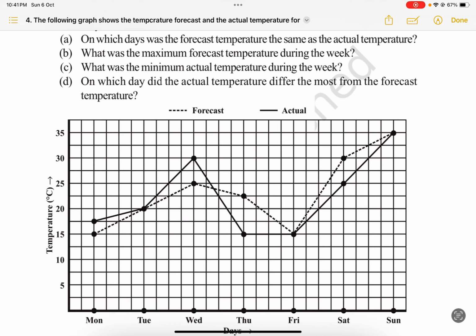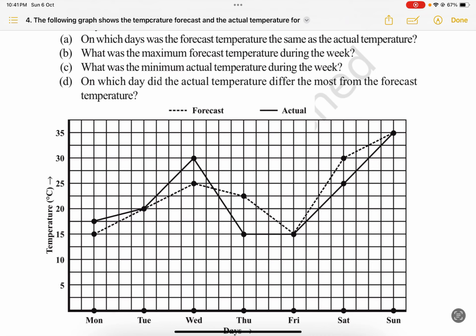If you understand, the dotted line and the dark line should intersect at a point. This is the point where they are intersecting. That means on Tuesday, the forecast temperature is 20 degrees and the actual temperature is also 20 degrees. So you have to see where the two lines intersect each other. Now here, this is the point where both of them intersect.